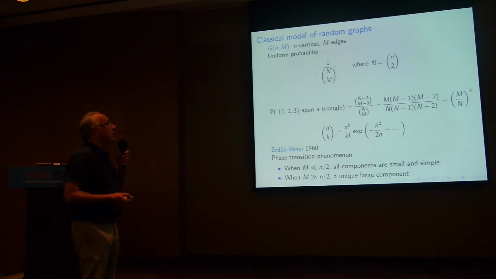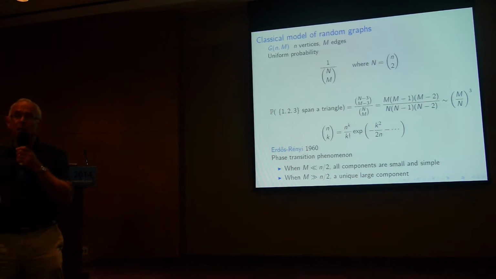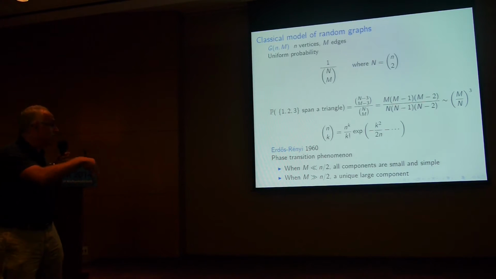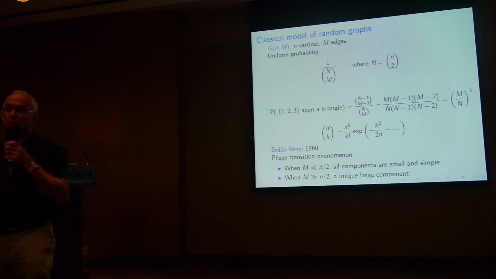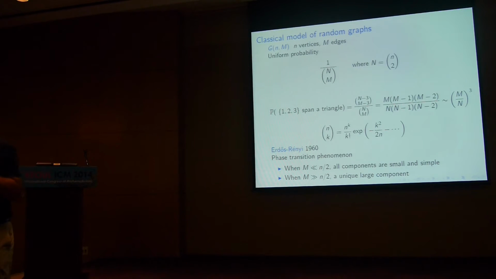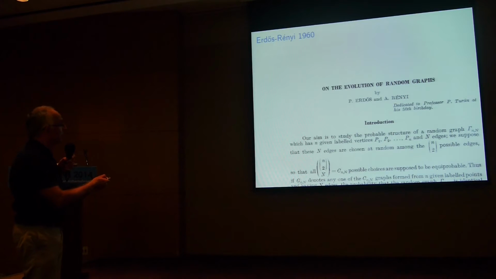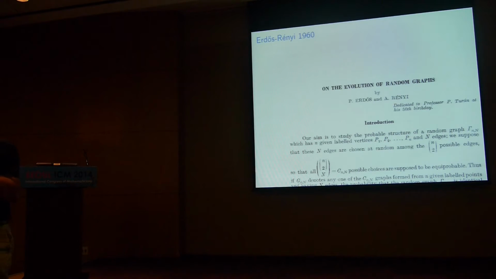Then all components are small. Small means of size at most logarithmic, and they are very simple. They are either trees or trees plus one edge. But when m is asymptotically larger, then a unique large component emerges. Well, this is well known, and this is not the topic of today. But just let me tell you that this is the seminal paper, which is still worth reading after more than 50 years, because you always find new things in this original paper.